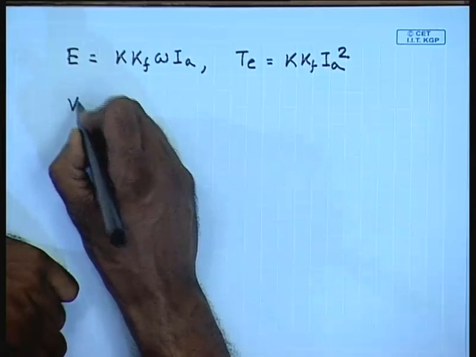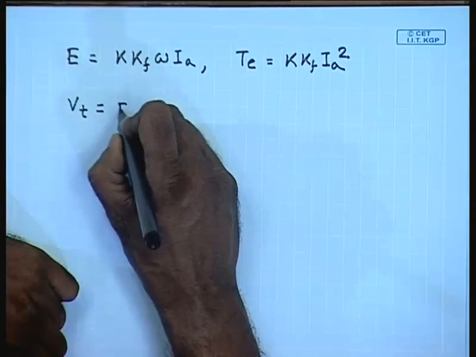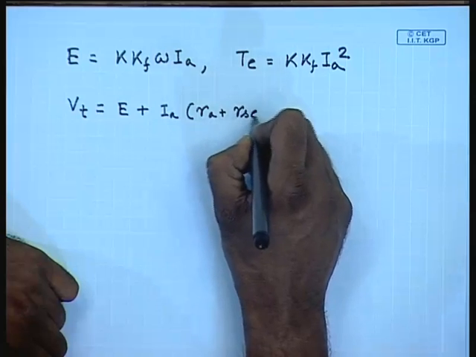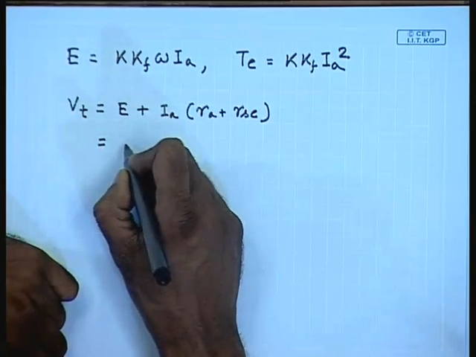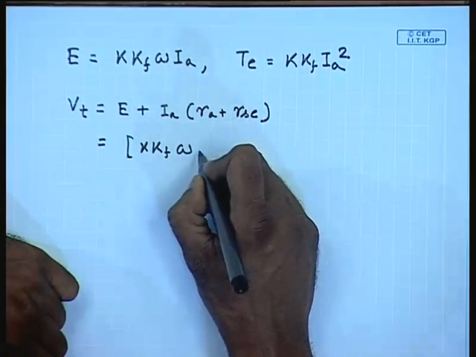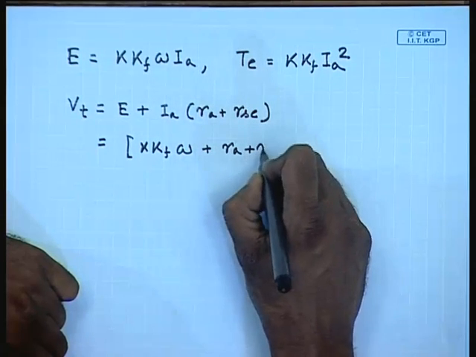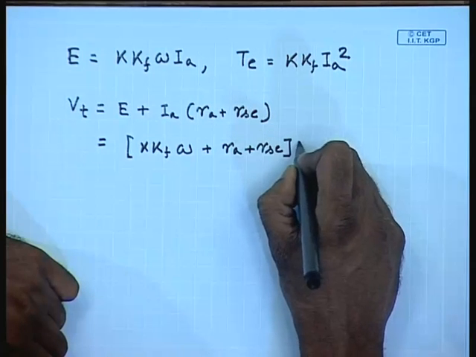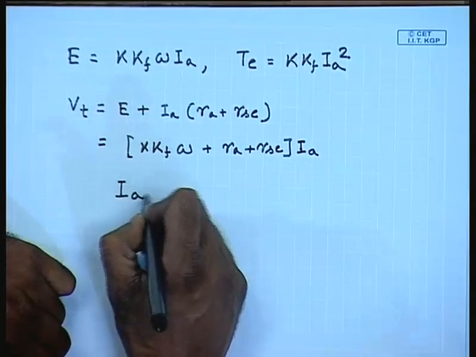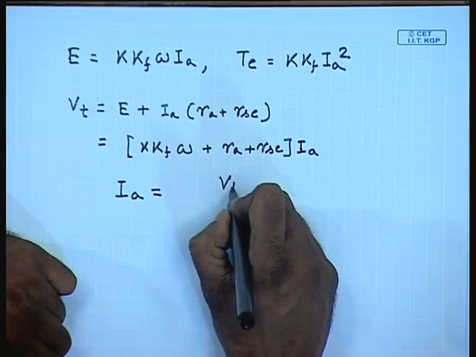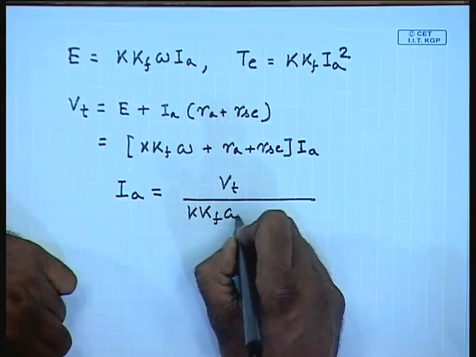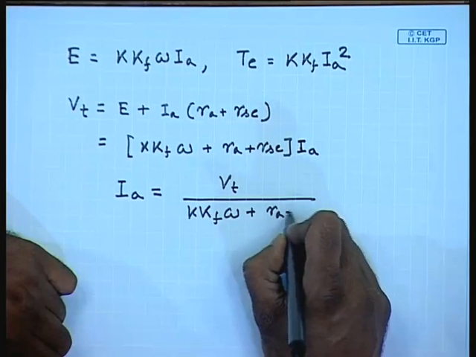So, V_t equal to E plus I_A into (R_a plus R_ac), this is equal to K k_f omega I_A plus (R_a plus R_ac) into I_A, or I_A equal to V_t divided by (K k_f omega plus R_a plus R_ac).